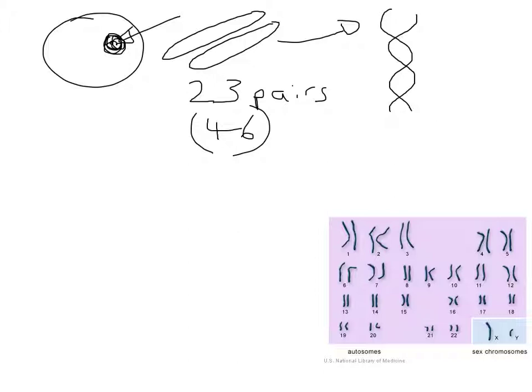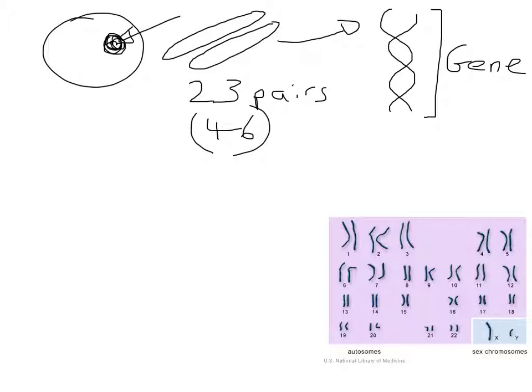And DNA stands for deoxyribonucleic acid. A section of DNA, so here's a section of DNA, is called a gene. A gene will code for a particular protein, and in other words, it will code for our characteristics.